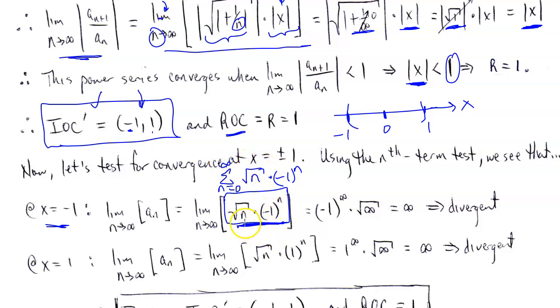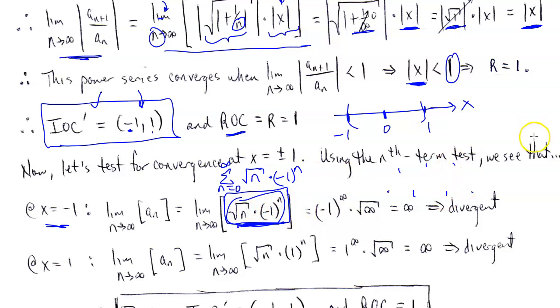Okay, and so what we are concerned about here is for this particular series, what we're basically doing is testing to see whether the series is going to be convergent or not, and we can do that by figuring out how the sequence that makes up that series acts. And so in this particular situation here, we have a square root of n times -1 raised to the n. So that -1 raised to the n has just got a bunch of going back and forth like this.